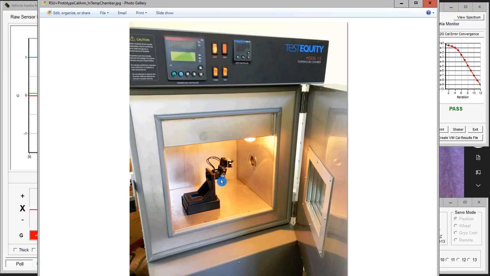And the scalar matrices and offsets of each axis can be linearly interpolated between those temperature calibration matrices based on the temperature read from the internal gyroscope of the vehicle inertia monitor itself.